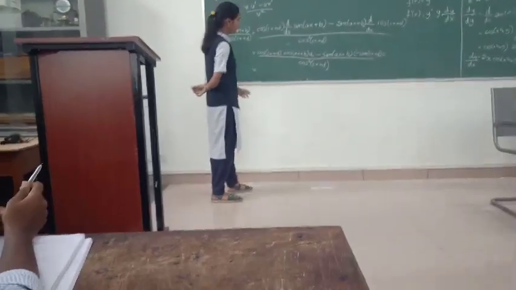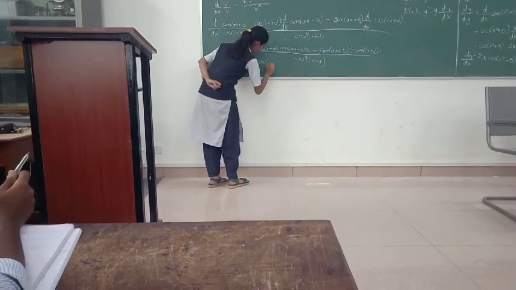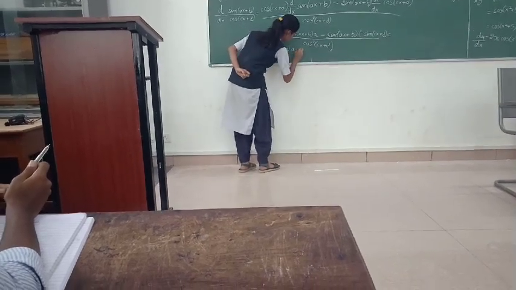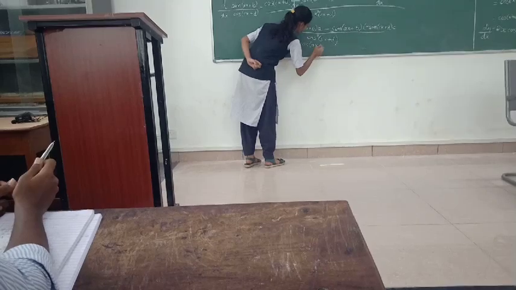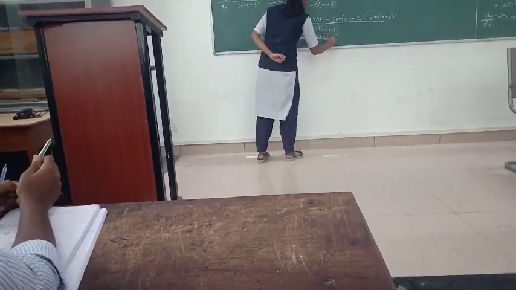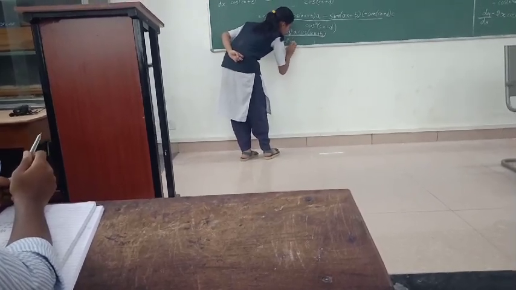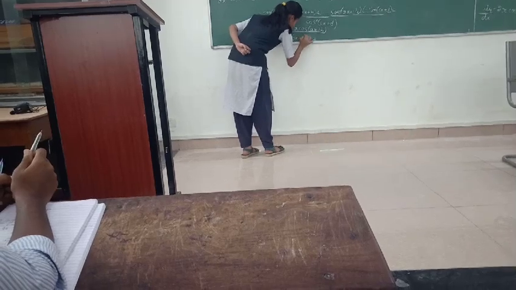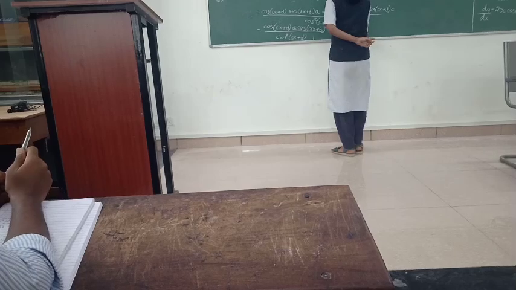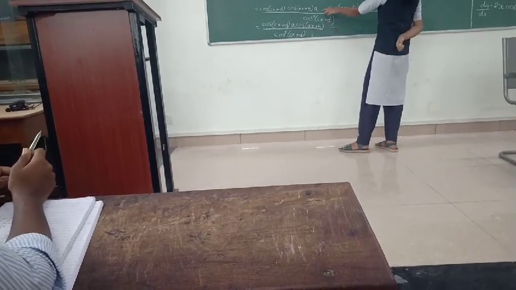Plus b into 3 divided by cos square of cx plus b. Here we can directly write plus, minus into minus.